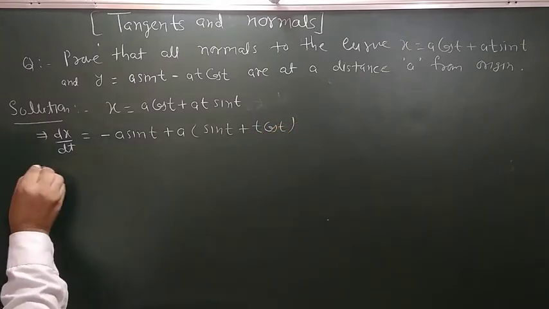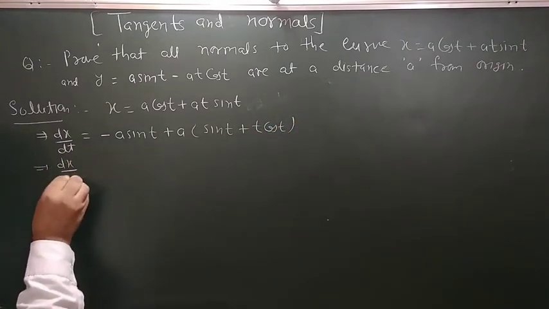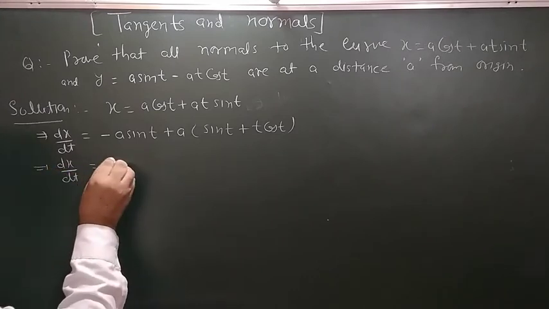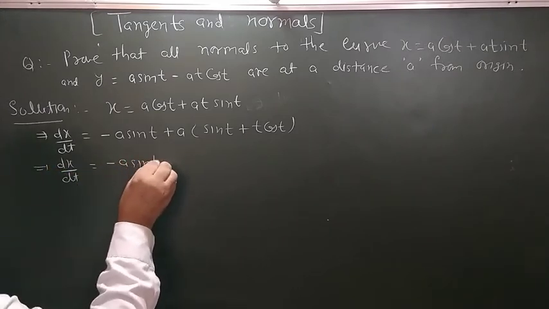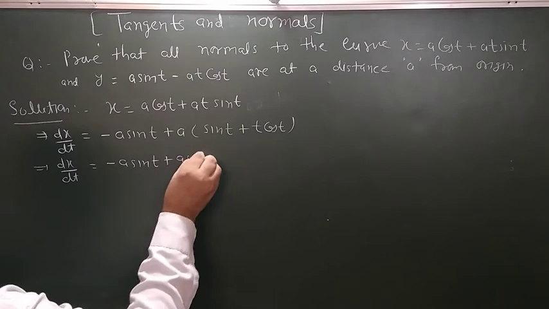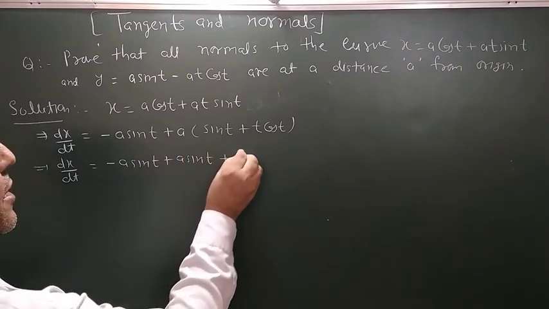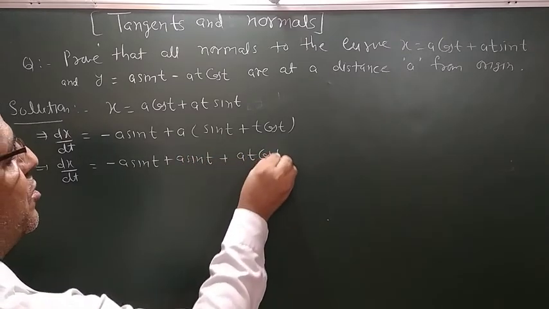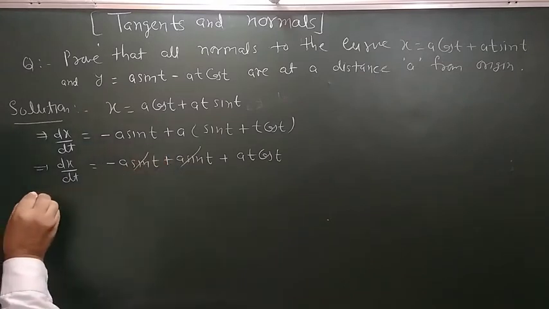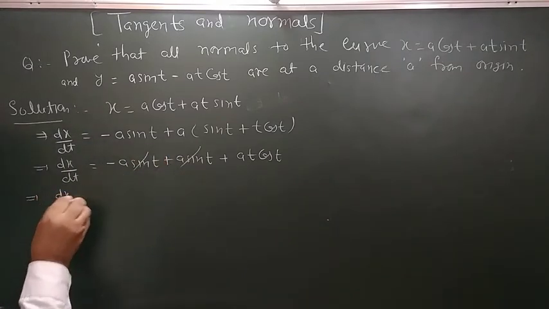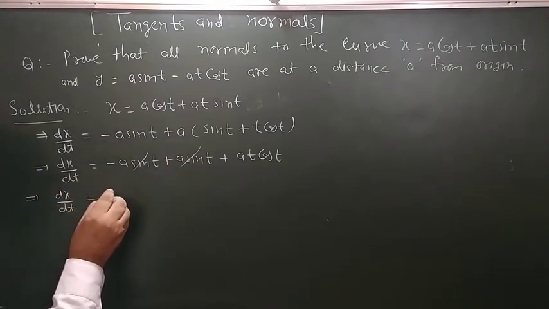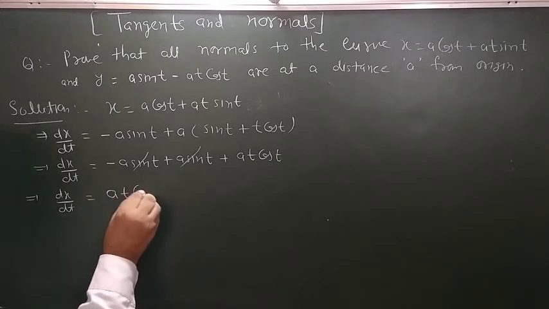So finally we have dx/dt equal to minus a sin t plus a sin t plus a t cos t. The a sin t terms cancel out. So now we have dx/dt equal to a t cos t.